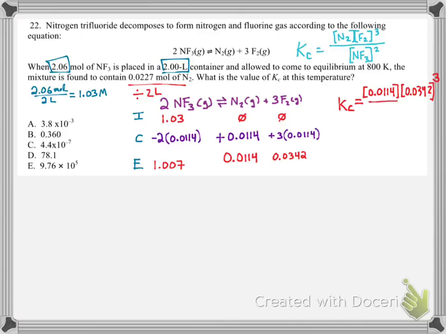And all of this is going to be divided by the NF3 concentration squared, which is just 1.007 squared. Let's see what we get. We'll get 4.5 times 10 to the negative 7th, so essentially choice C.